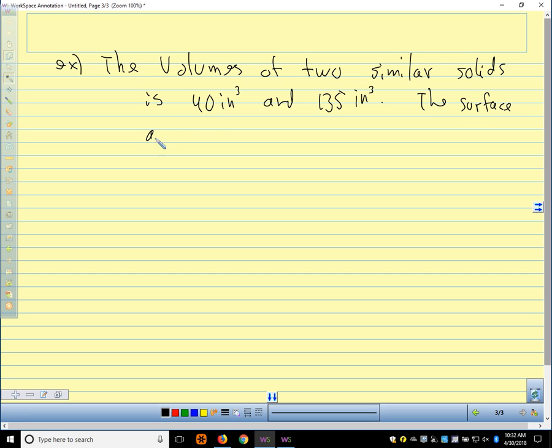The surface area of the smaller is 48 square inches. What is the surface area of the larger?